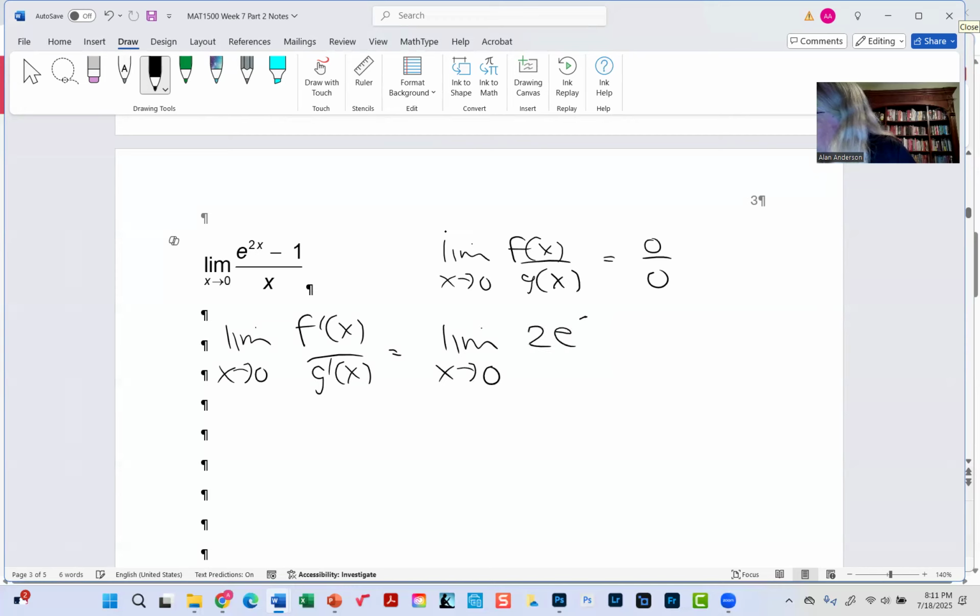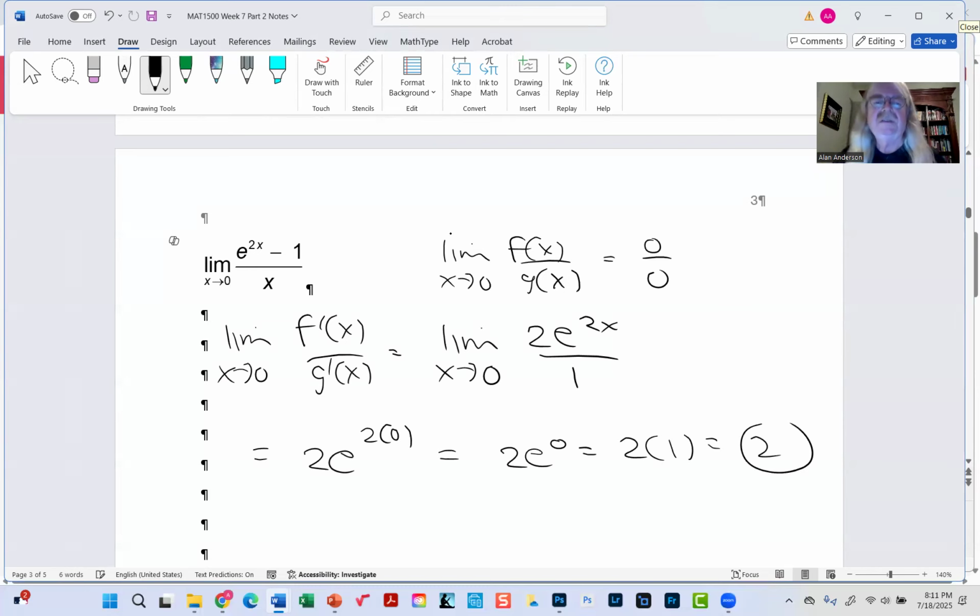So that's 2e to the 2x. And in the denominator, of course, the derivative of x is just 1. And so ultimately you end up with 2.